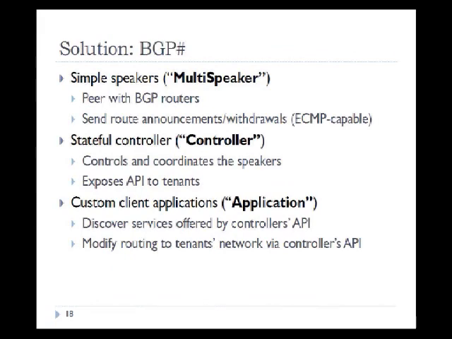The second component is a stateful controller, which from now on I'll refer to as controller. It controls and coordinates the speakers and exposes a public API to the tenants. And the last part is the tenant client application, which I'll refer to as application from now on. It discovers the services offered by the controller's API and modifies routing to the tenant's network via the control API.